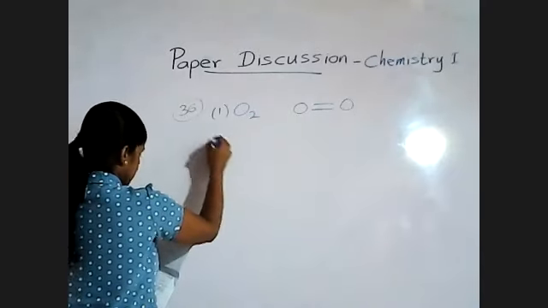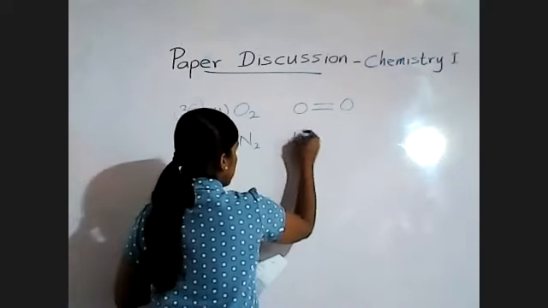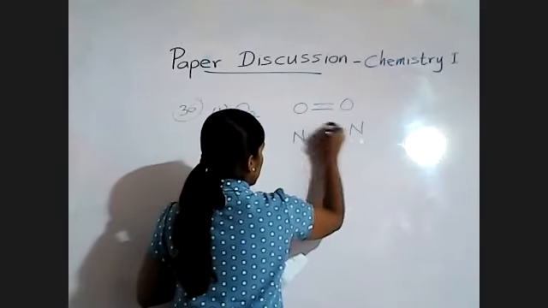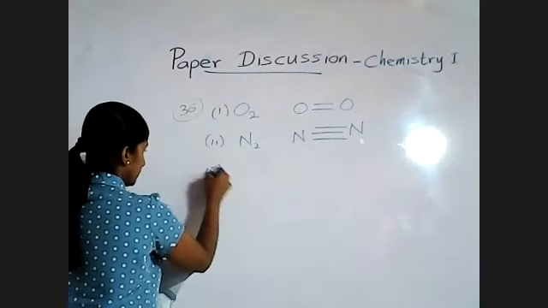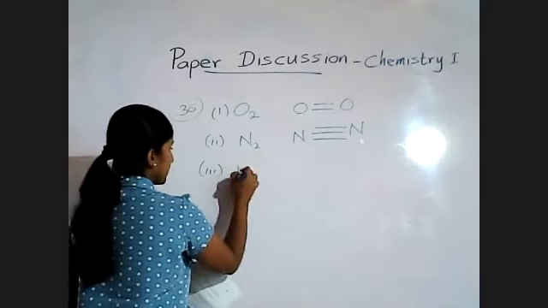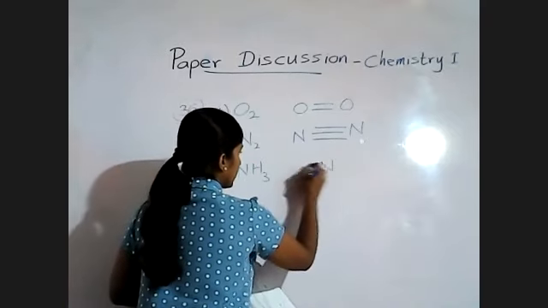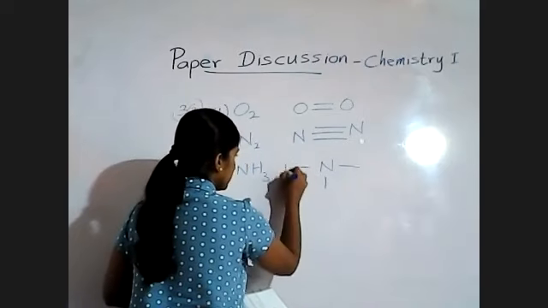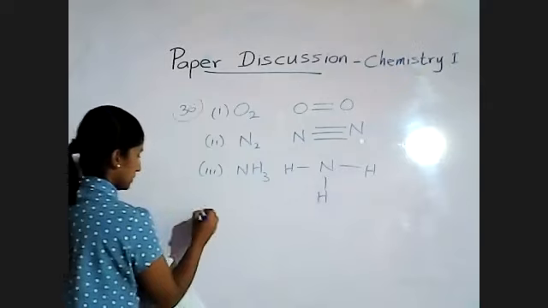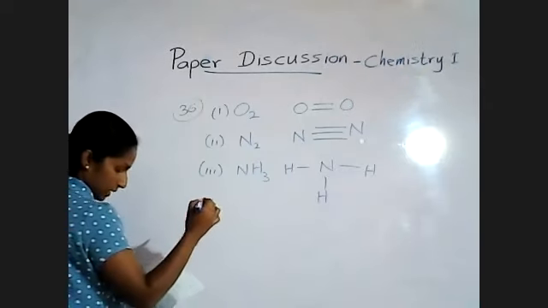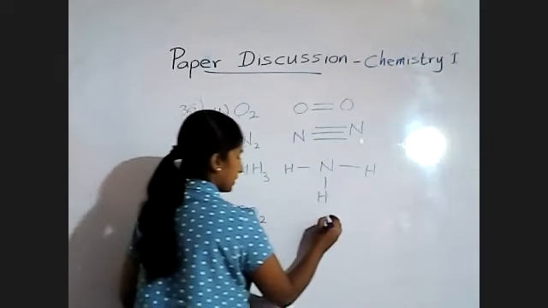In nitrogen, there is a triple bond: 1, 2, 3. The third one, NH3: 1 nitrogen and 3 hydrogen, there are 3 bonds. Look at the fourth one, carbon dioxide.